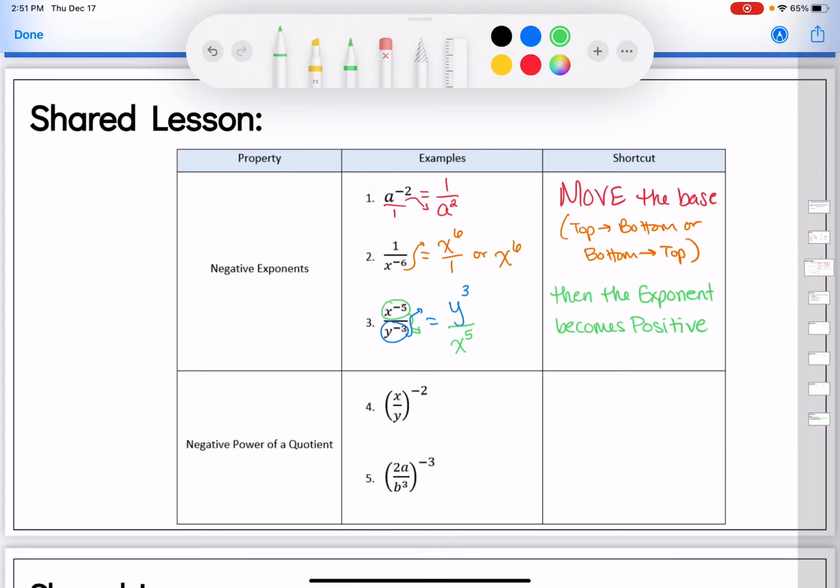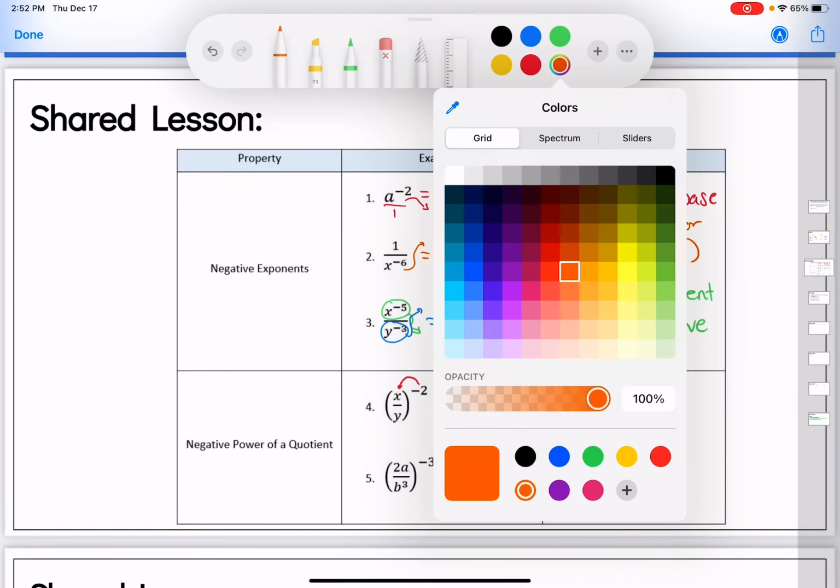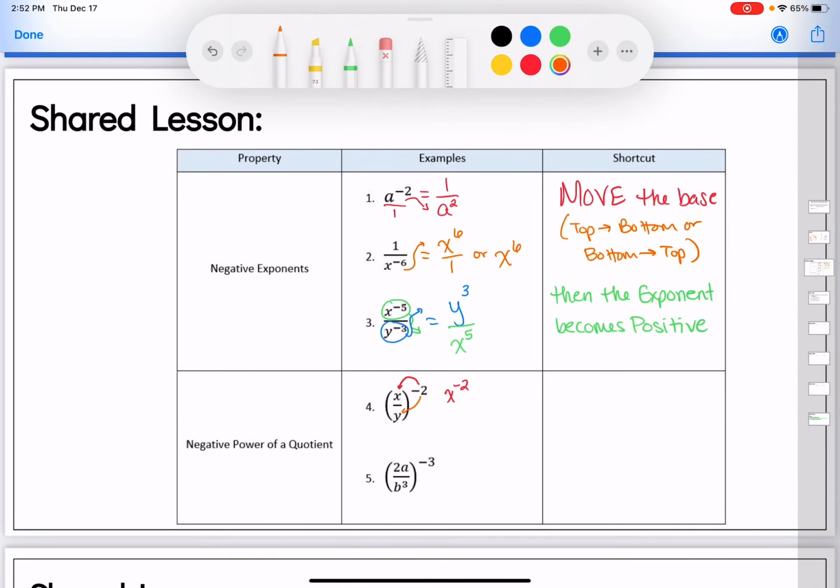It's the negative power of a quotient. So what happens if I have a negative exponent outside of parentheses like this? Remember, our power of a quotient idea is that we can take that exponent and give it to each of the bases inside the parentheses, as long as there's multiplying or dividing inside.